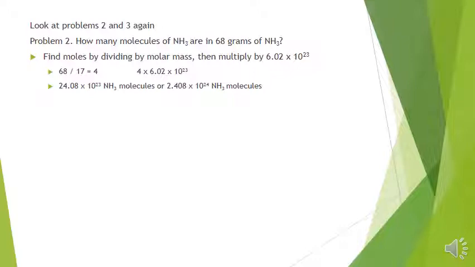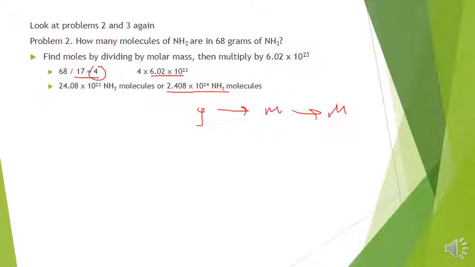I'm going to divide to figure out the amount of moles, so I divide by the molar mass. I want to go from grams to moles to molecules, so I divide by the molar mass and I get 4. Then I multiply by 6.02 times 10 to the 23rd, and I get that.